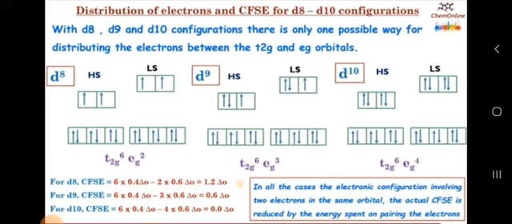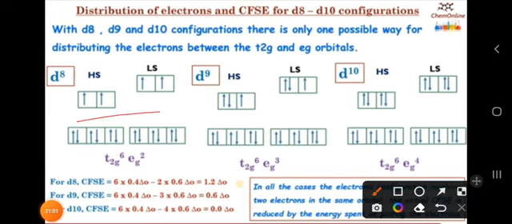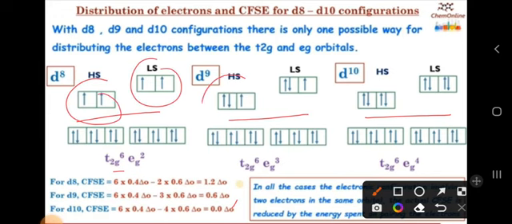This is the only possibility we are going to have in d8, d9 and d10. Whether it is low spin or high spin, we get equal energy for d8, d9, d10. Because in high spin 2 electrons, low spin also 2 electrons. In high spin 3 electrons, low spin also 3 electrons. Here 4, 4.